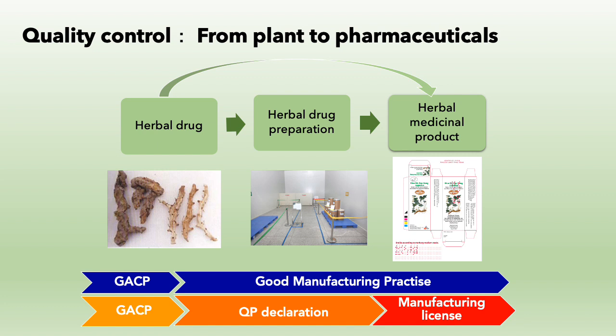That means the whole production, from growth of the plant, is under GACP, and the manufacturer follows GMP practice. Of course, we also need a qualified person and a manufacturer license. So the whole package makes the step from plant to pharmaceutical product.